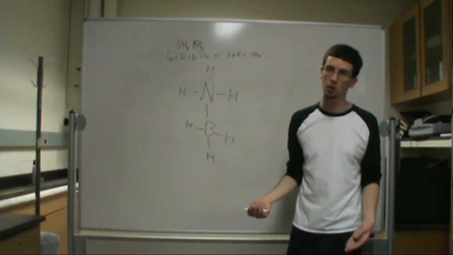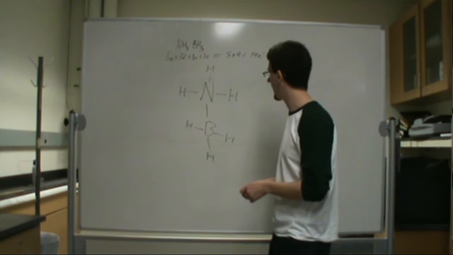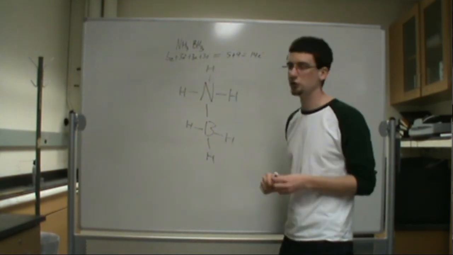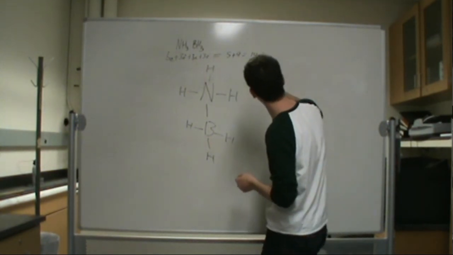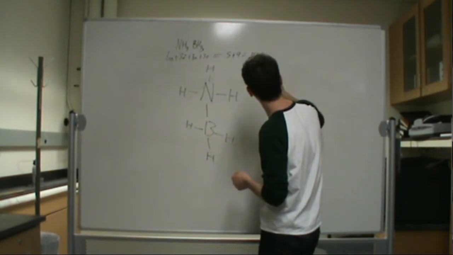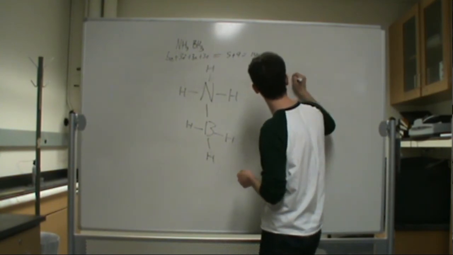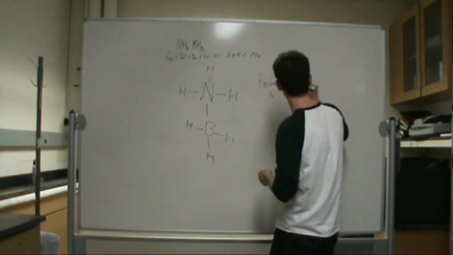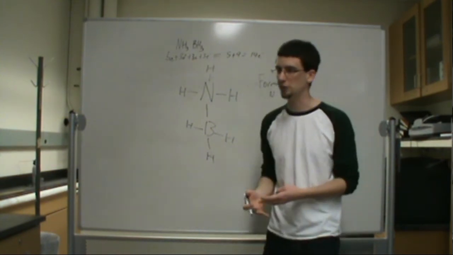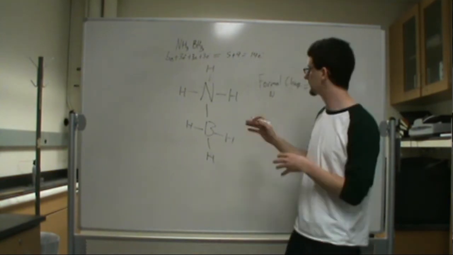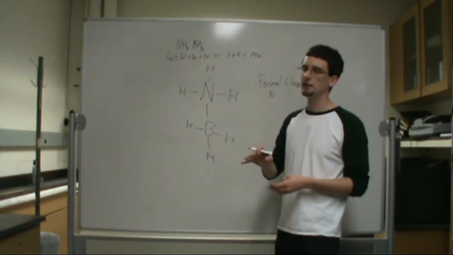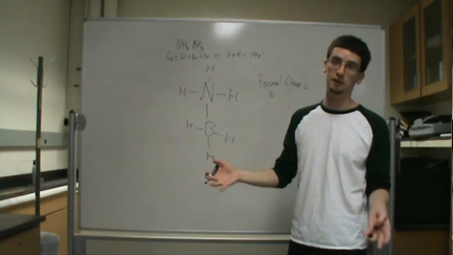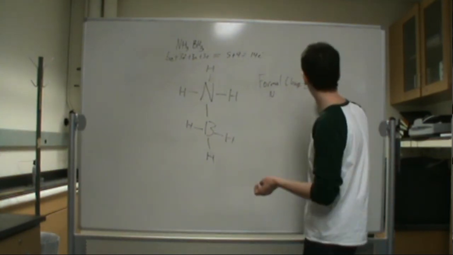The answer is no. So, why not? So let's calculate the formal charge for nitrogen. So, formal charge of nitrogen is equal to the neutral species minus what the species has. So in this case, nitrogen, in its neutral state, has 5 electrons.